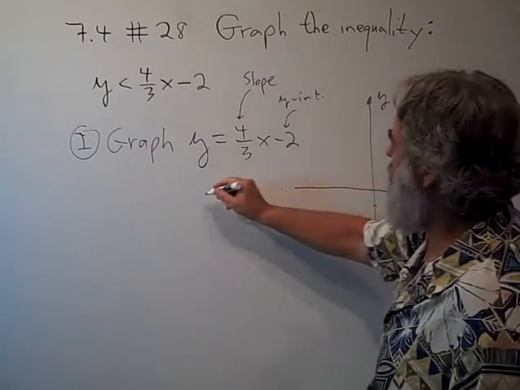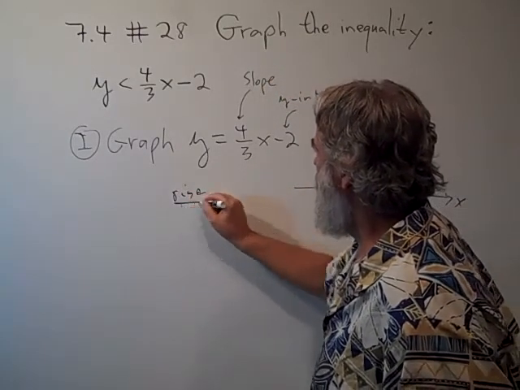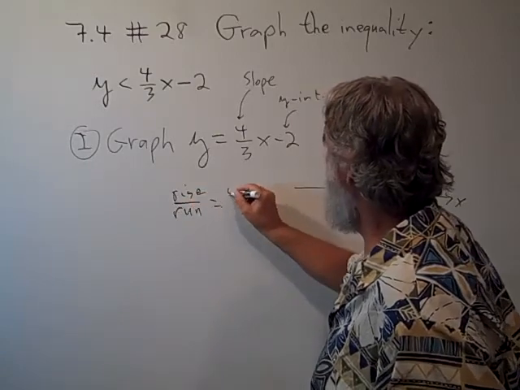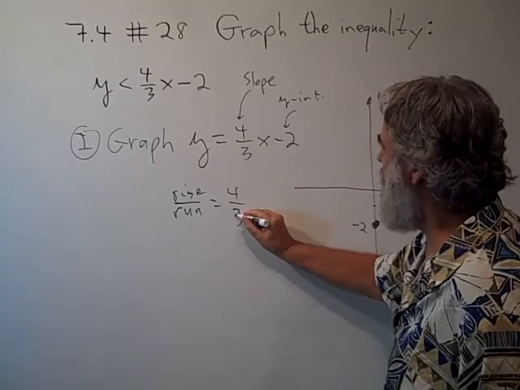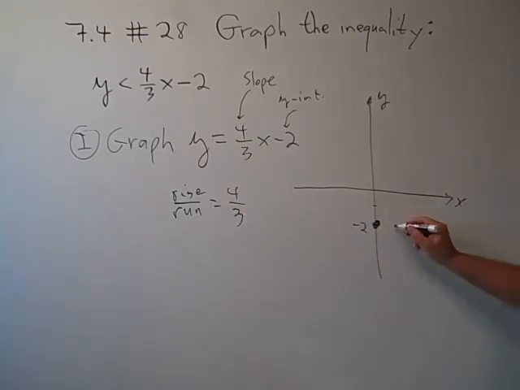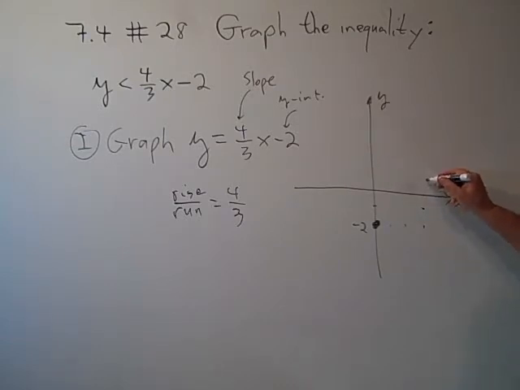That means the rise divided by the run is 4/3. If the run is 3, the rise is 4. So if I go over 1, 2, 3, I'll have to go up 1, 2, 3, 4.